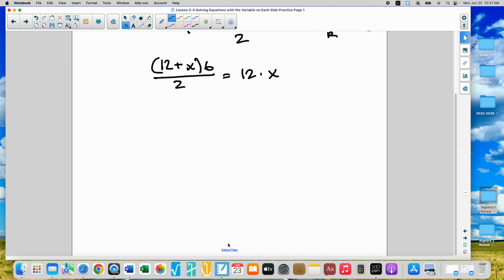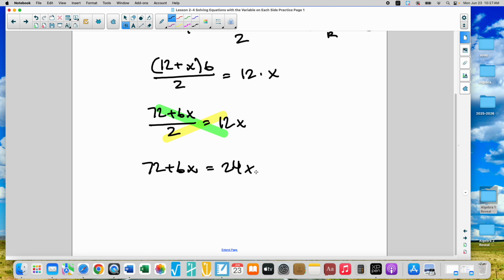That becomes 72 plus 6x divided by 2 equals 12x. I'm going to cross product because that's what we've been doing today. That leaves 72 plus 6x times the 1, and 2 times 12x, which gives you 24x. We're going to minus 6x.